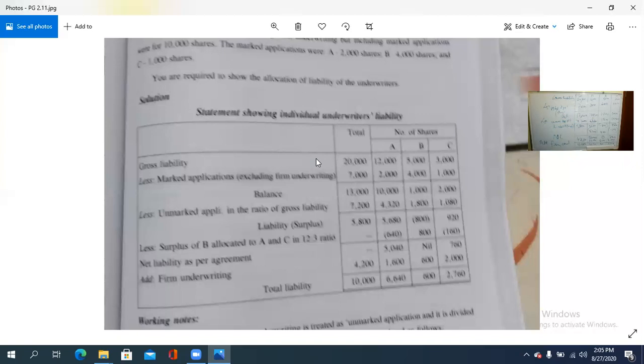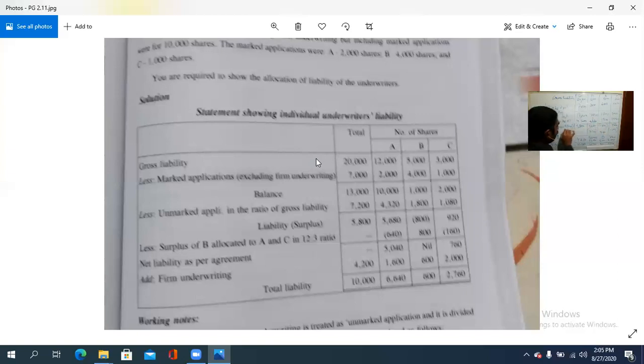So this 3,000, along with the firm underwriting of 4,200 in the question, gives 7,200. You treat it as unmarked application and apportion it on the basis of the gross liability. What we get here is 4,320, 1,800 and 1,080.